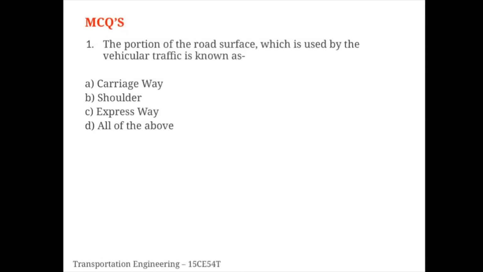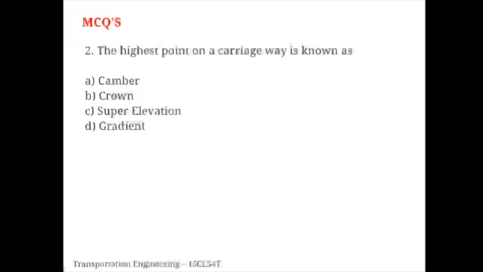Some of the MCQs: the portion of the road surface which is used by vehicular traffic is known as. What may be the answer? Please guess. The portion of the road surface which is used by the vehicular traffic is a carriageway. Exactly.